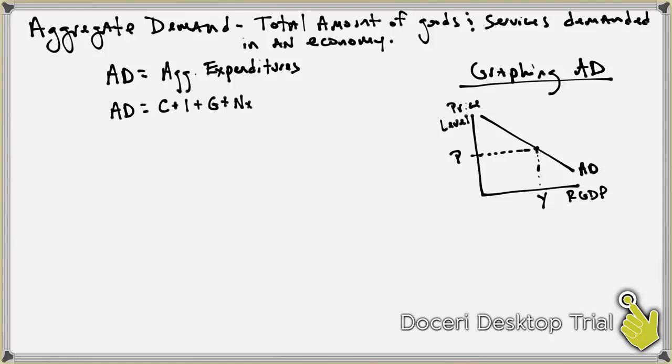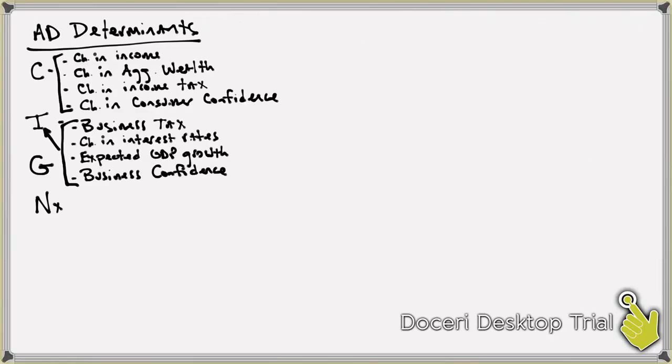Okay? Now, it's very, very important that we understand or can remember the factors that cause aggregate demand to change. We call those the determinants of aggregate demand. So I have listed those determinants out, and I think it's important first that we're really looking at the four spending components in our economy, C, I, G, and net exports.